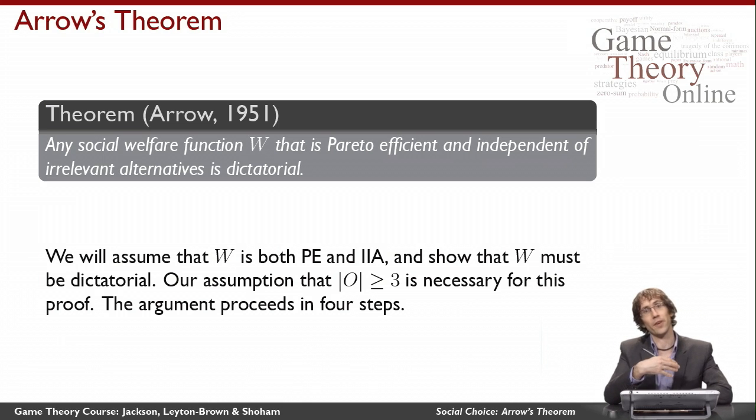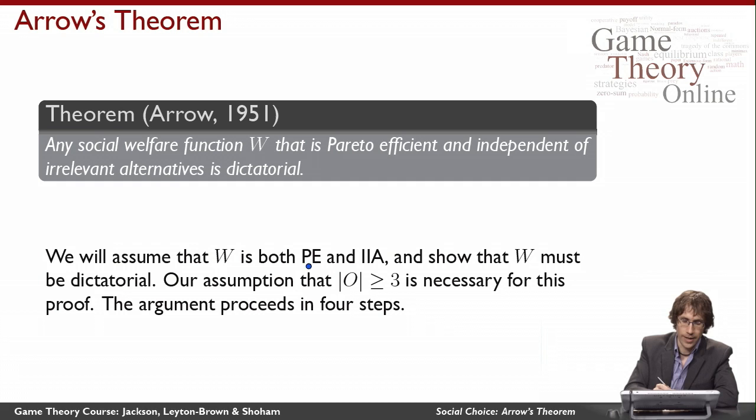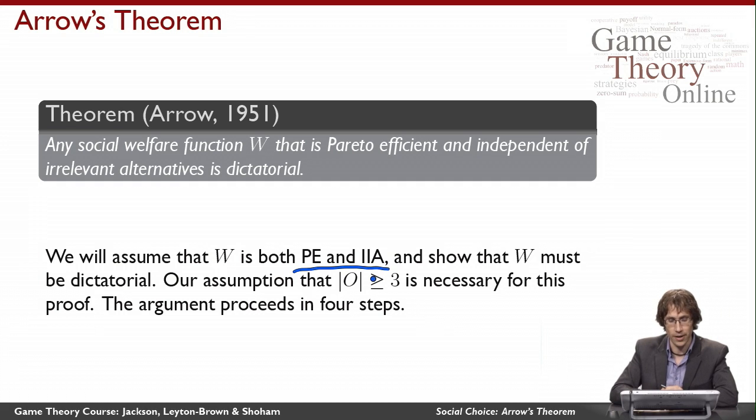For the rest of this video, I'm going to give you the proof of this theorem, which I think is a really beautiful proof, because we're able to say something about a space of very complicated functions, from sets of orderings into orderings, without knowing really what function we're talking about. We want to assume simply that our function is PE and IIA, Pareto efficient and independent of irrelevant alternatives, and we'll see that that assumption is enough to show that it must be dictatorial.